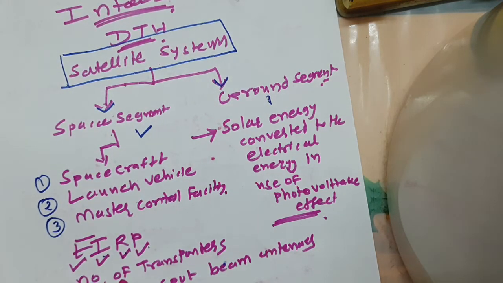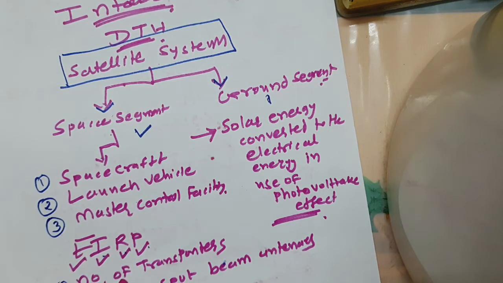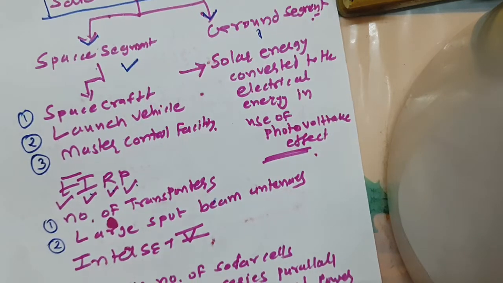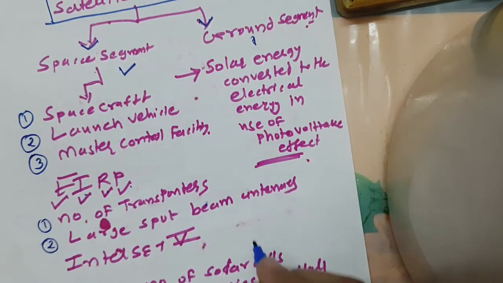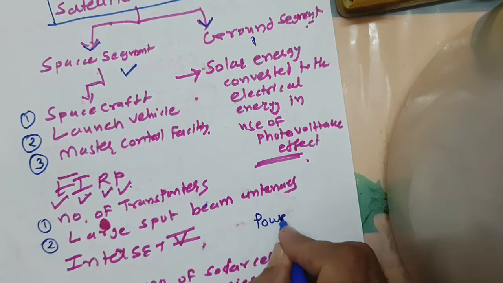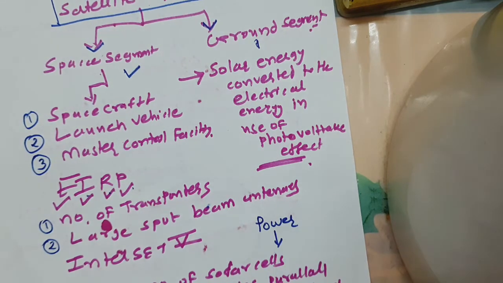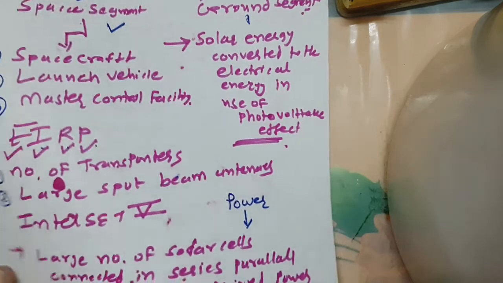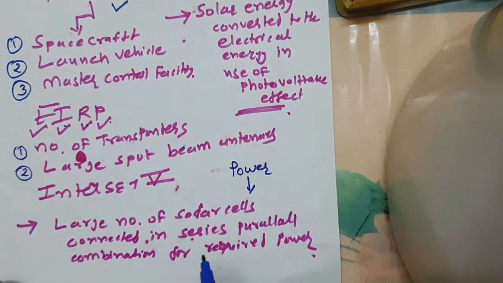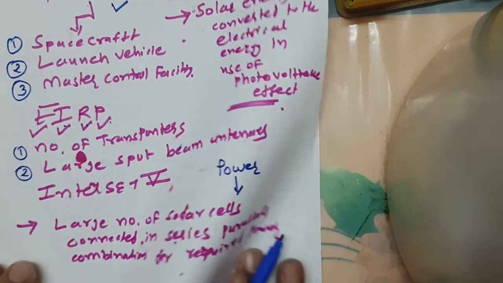Inside this spacecraft there are a number of transponders and an antenna. For the power requirement, we use a large number of solar cells connected in series parallel combination for required power.